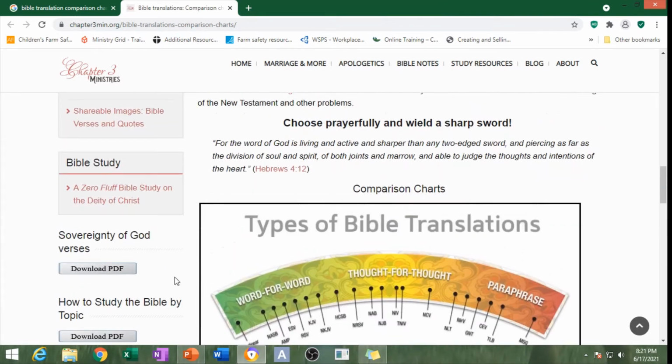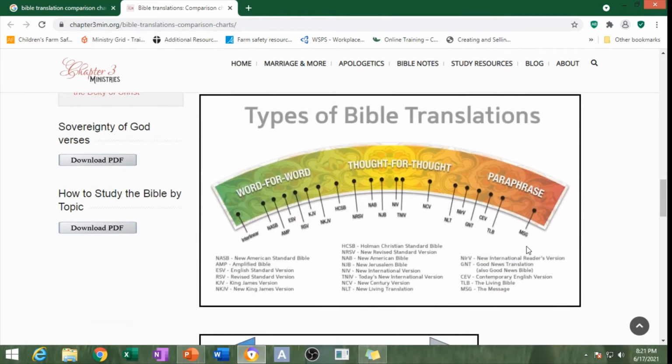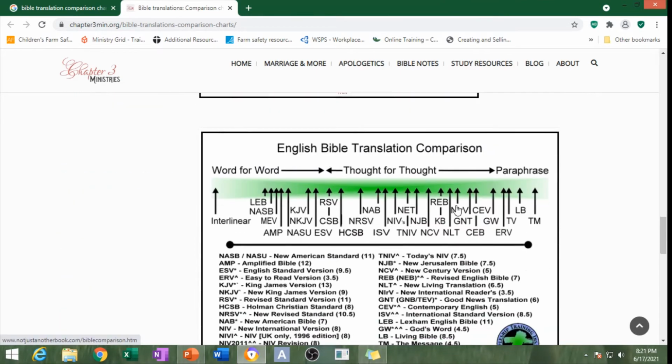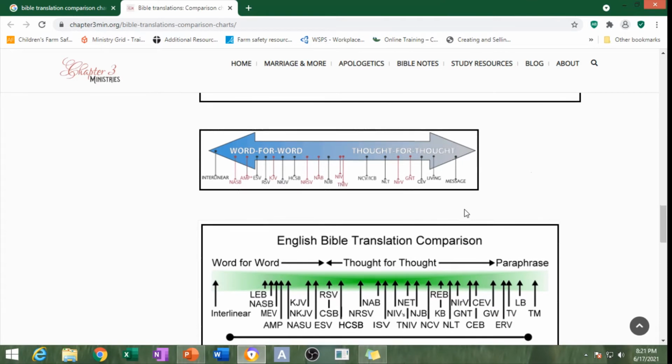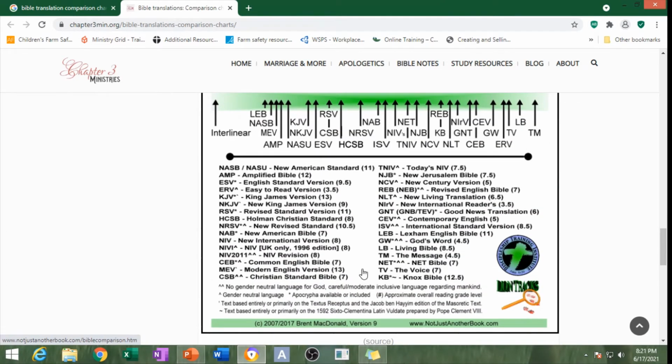And this spectrum, there's a lot of ways to represent it. This is the first way. You can do it just straight like this. This one I thought was cool because it gives you a bunch of extra information about some of these Bibles. Some use gender neutral language, so instead of saying man or mankind, they would say people or humankind.